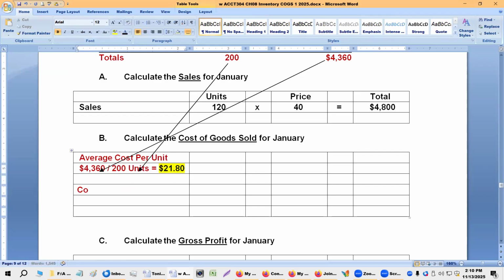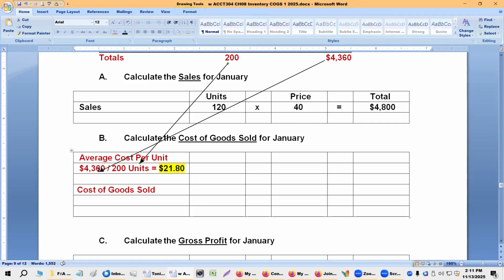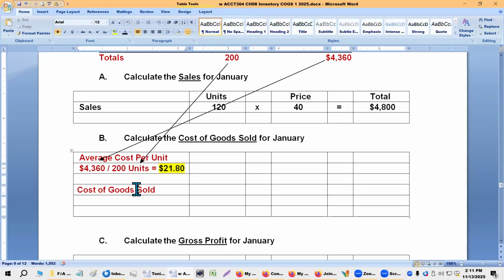Cost of goods sold, units. Now they're all going to go at the same price.